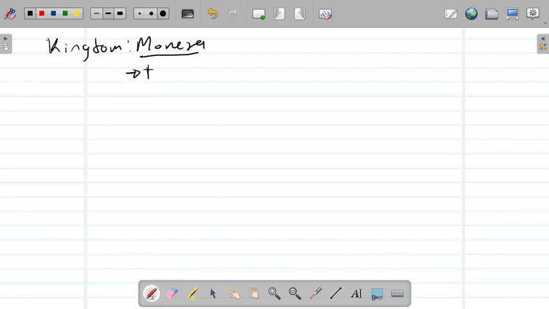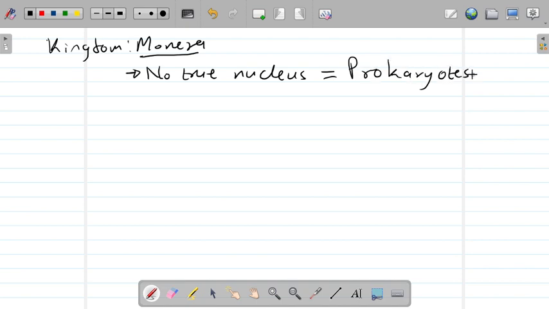They have no true nucleus, meaning no membrane-bound nucleus and special organelles, right? So they are known as prokaryotes. They are prokaryotic organisms, meaning the organisms where the nuclear material is not enclosed in a membrane, meaning the DNA. You don't find it in a membrane. So that is their classification.